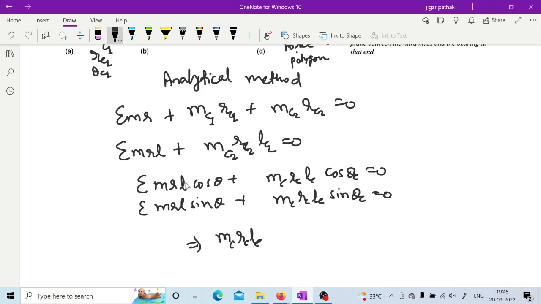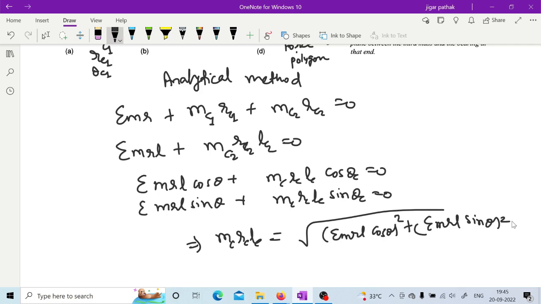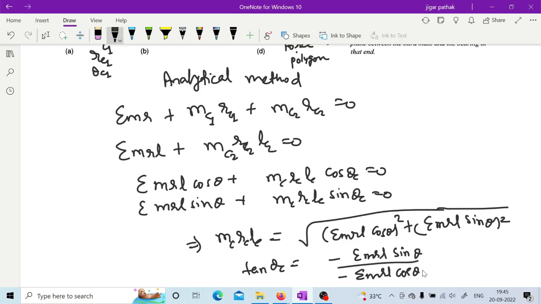By taking this on the other side and squaring and adding, you will get MC RC LC equal to the square root of sigma mrl cos theta whole square plus sigma mrl sin theta whole square, right? So this is how you will get this MC RC LC, and for theta, tan theta C equal to minus sigma mrl sin theta upon minus sigma mrl cos theta. So this is how you will get this theta C, right?